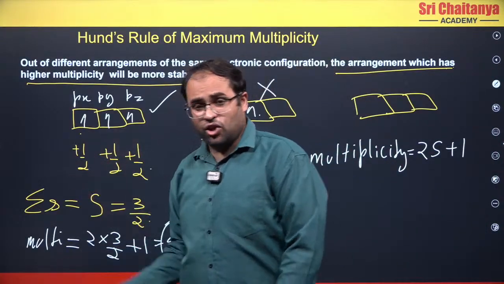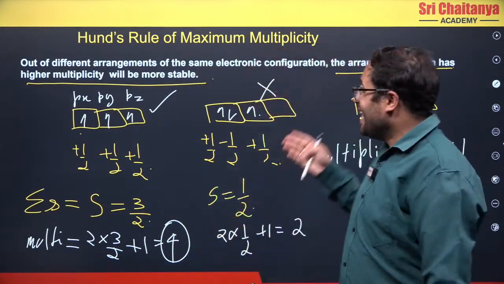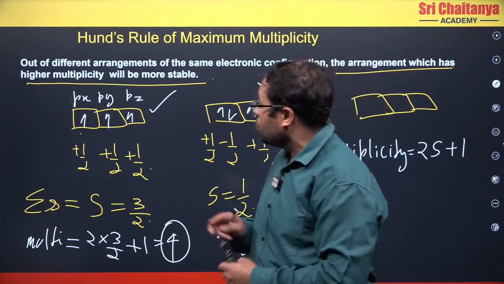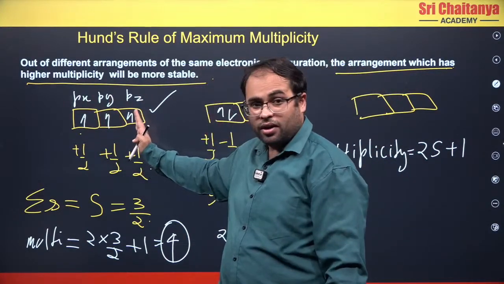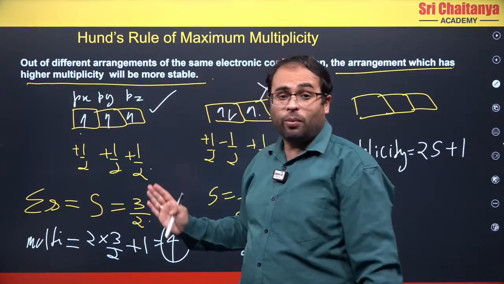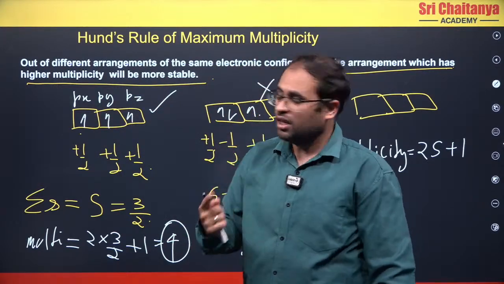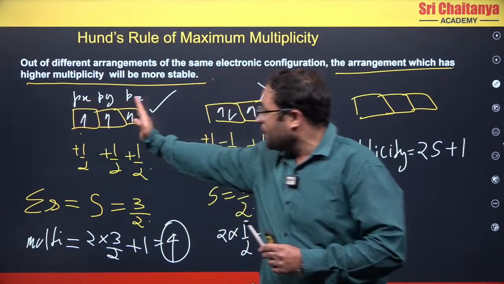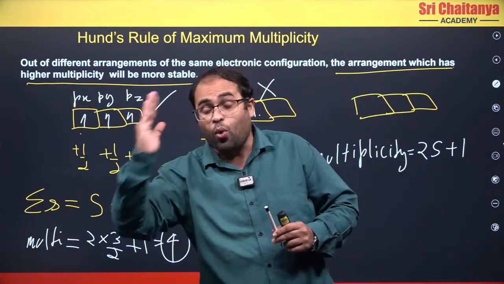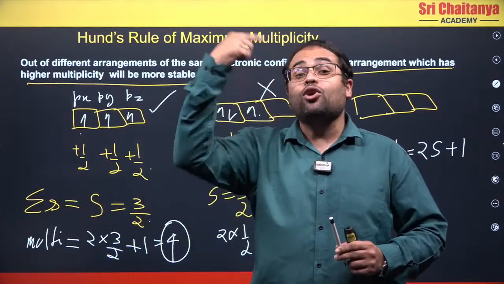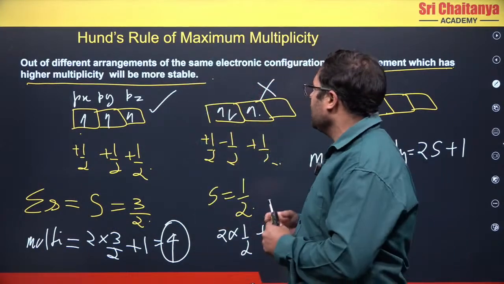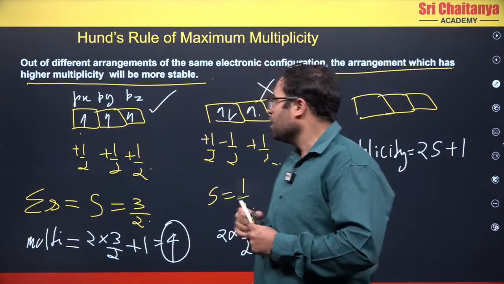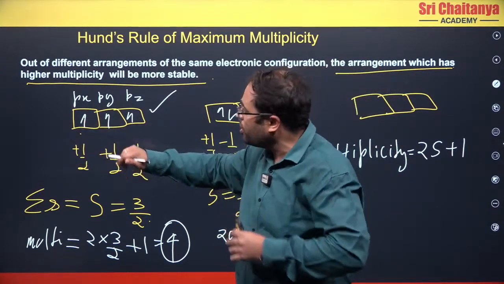So if you have same energy orbitals, degenerate orbitals, then if you need to add electrons, you will add electrons in the same spin, one by one in each orbital. First, single. So single here one, single here one, single here one. After each orbital is occupied with one electron only, and only then you will add the next electron in the orbital with opposite spin.